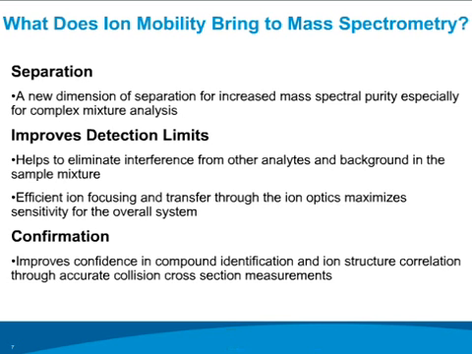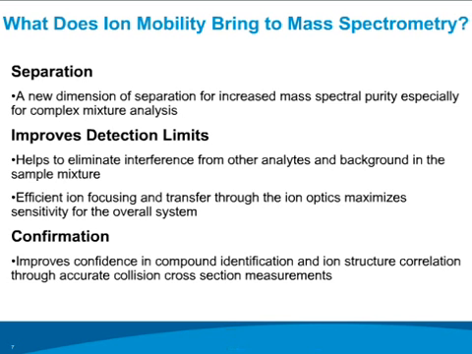Also, we think it's very important to always maintain the best detection limits and sensitivity that you can in any analytical technique, and I'm going to show today how mobility helps this. First of all, it helps to eliminate interferences and background in the mixture.